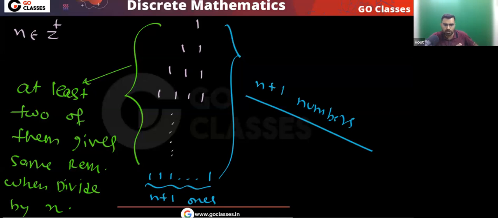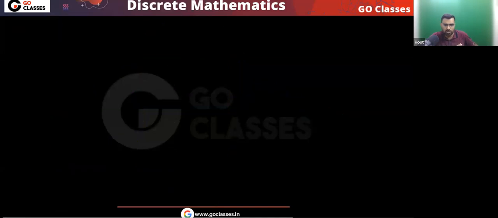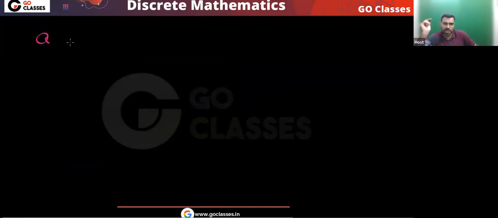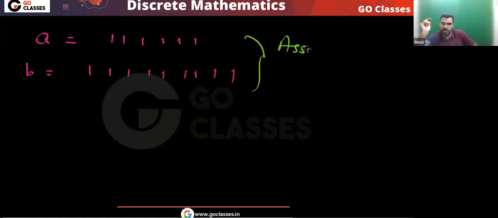What are these two? For example, let's assume these two, a comma b. Let's assume a is something like this and b is something like this, and assume they give the same remainder.